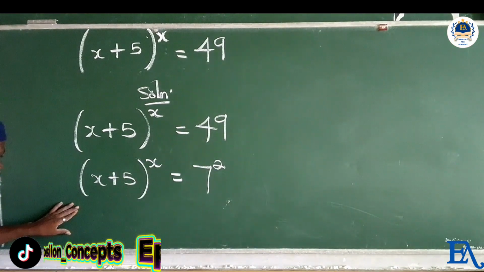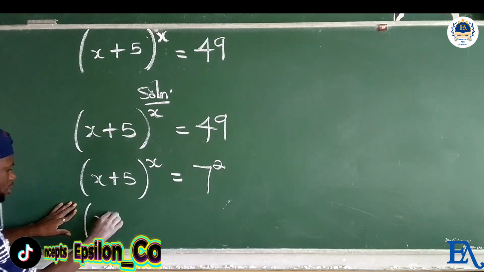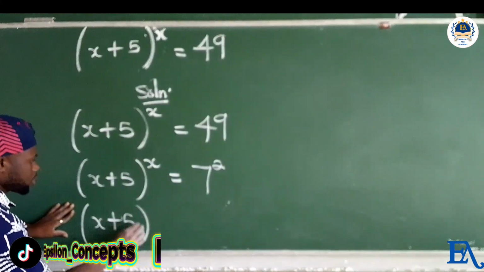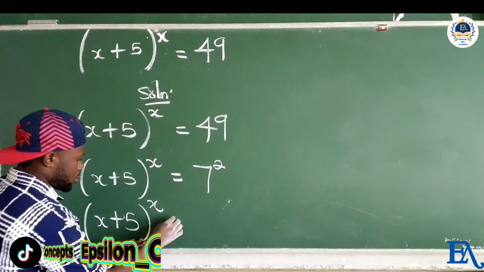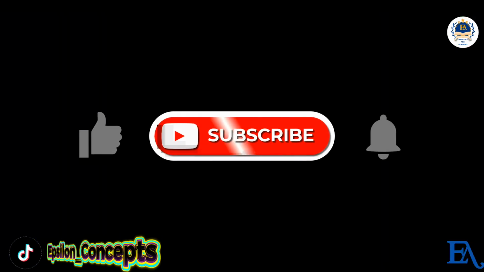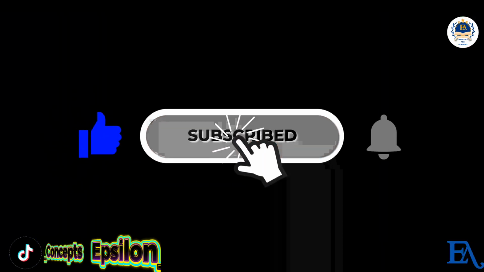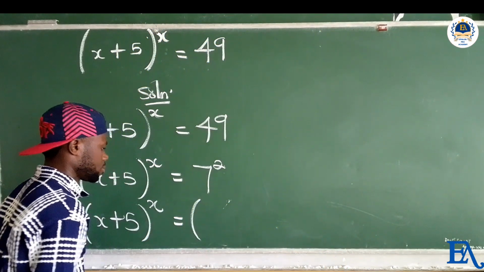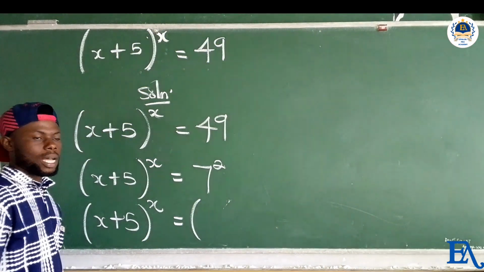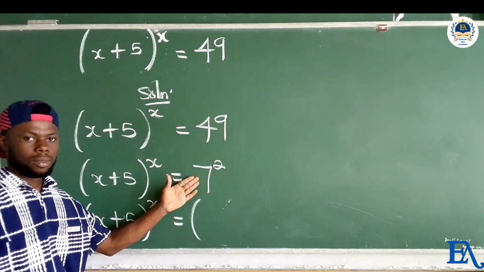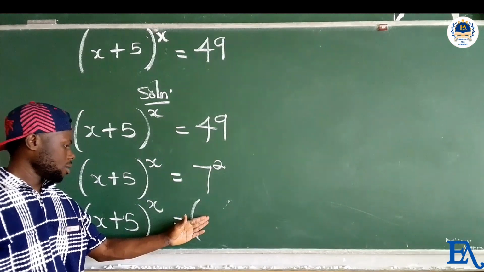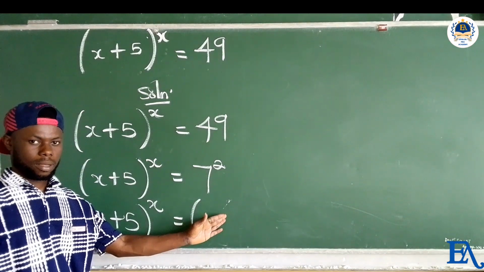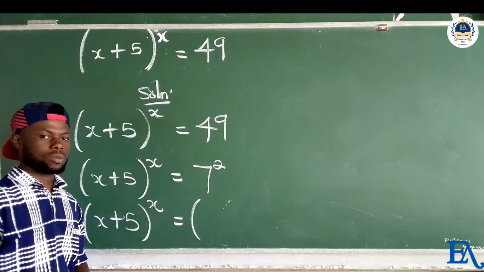By doing that, it will become (x + 5)^x. Now we can split 7 into a number plus another number raised to the power of 2.